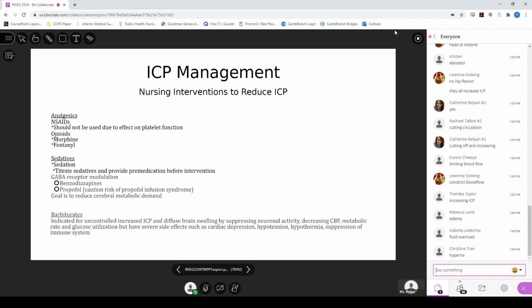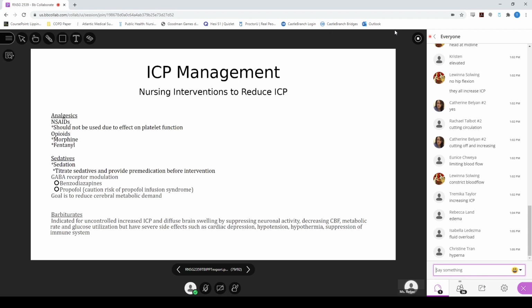Barbiturates like phenobarbital, they're used in uncontrolled ICP. They suppress the neuron activity by decreasing phenobarbital. You'll see it used a lot with brain injuries.